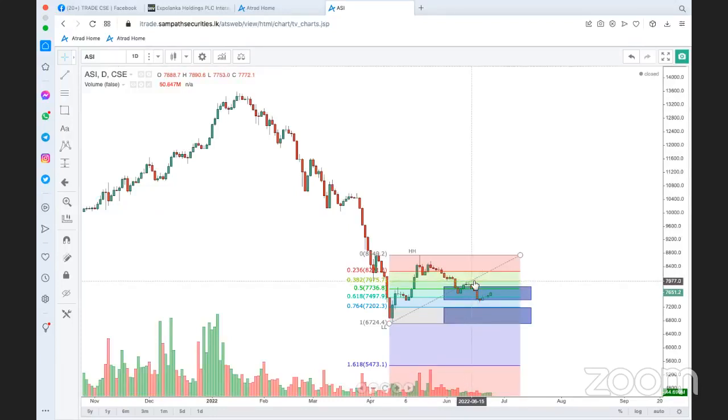Then there is an additional reason for me to use this, because you can see this spinning top, the bottom of this spinning top is almost at the same as the 38.2% level. 38.2% level is 7975.7. Here the low is 7997.6. So I'm going to use this as the bottom of the resistance zone.